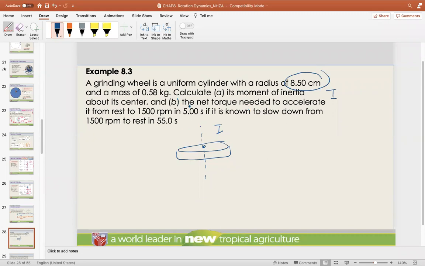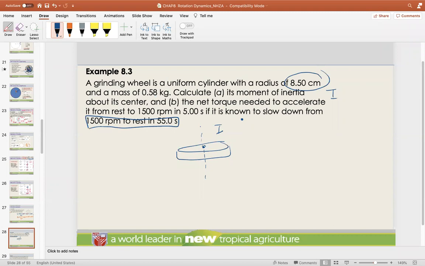And then the net torque needed to accelerate it from rest to 1,500 RPM in 5 seconds, if it is known to slow down from 1,500 RPM to rest in 55 seconds.